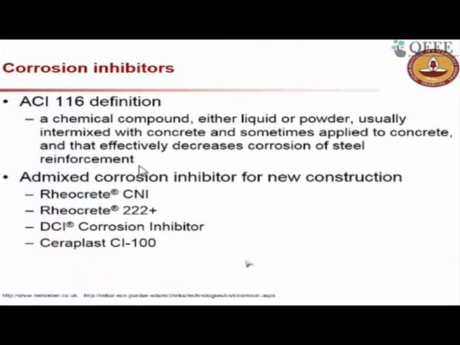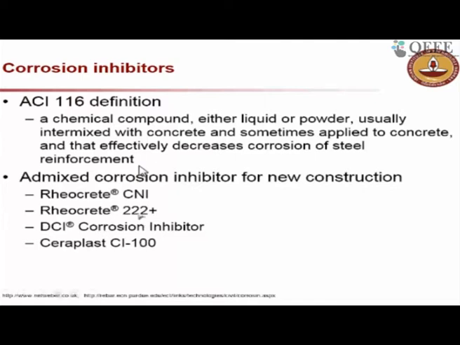Another way of protecting steel from corrosion is by mixing some chemical in the concrete during construction itself. We can include some corrosion inhibitors, some chemicals, in the concrete, which are supposed to enhance the chloride threshold of the steel.